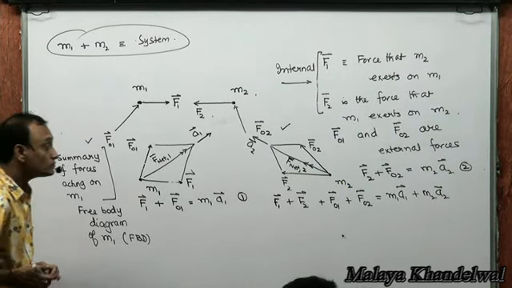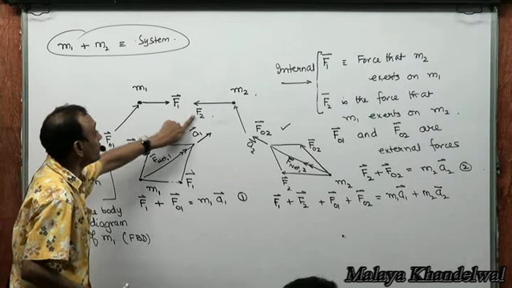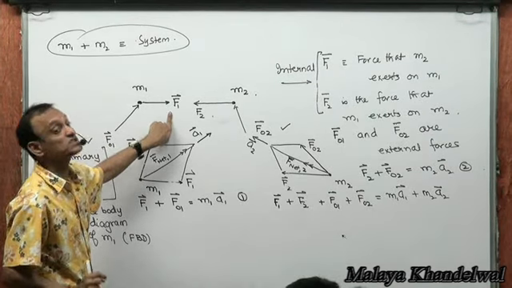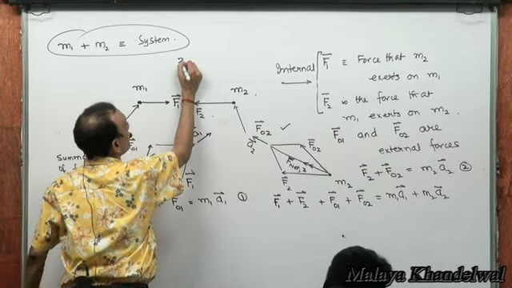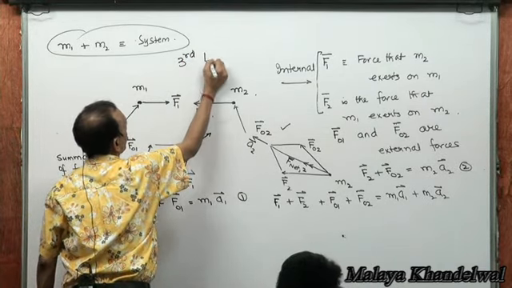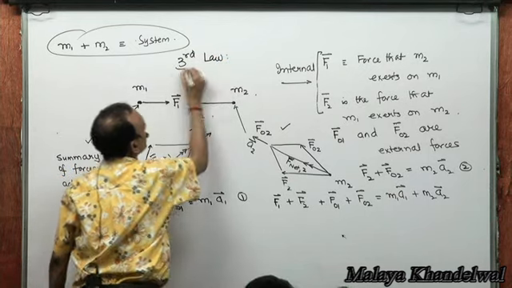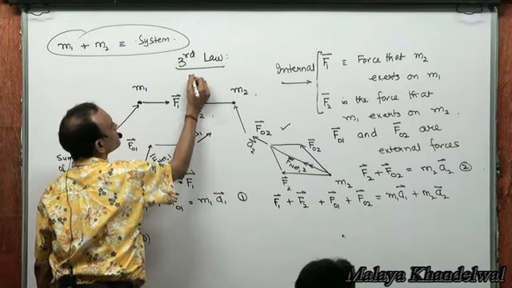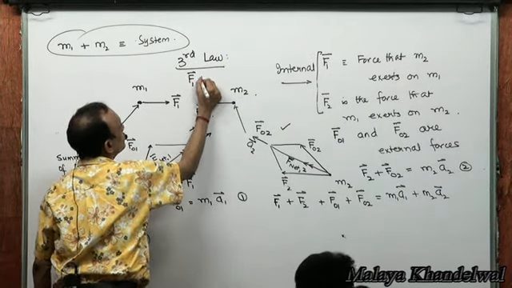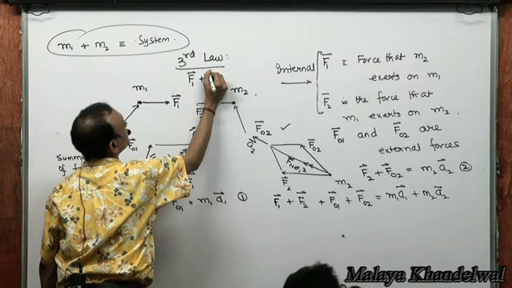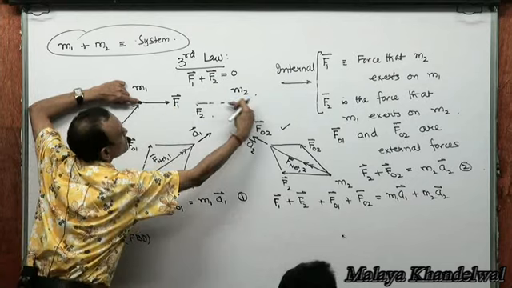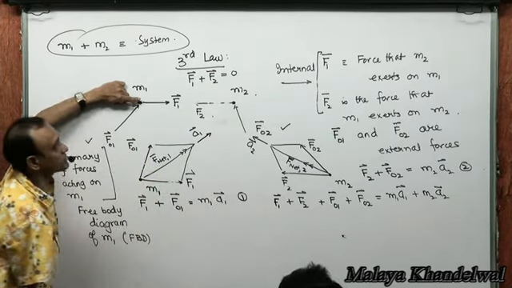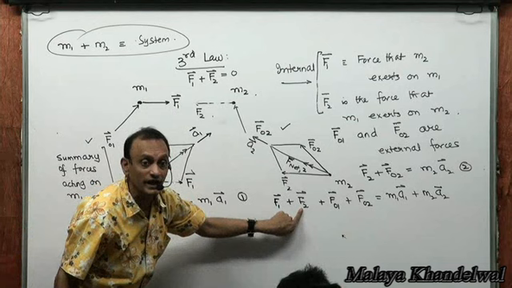Now, F1 and F2 are forces equal in magnitude and opposite in direction. So from Newton's third law, vectorially they must add up to 0. F1 plus F2 must add up to 0. If this force is 3 newtons, this must be 3 newtons in the opposite direction. So now F1 plus F2 will cancel off.